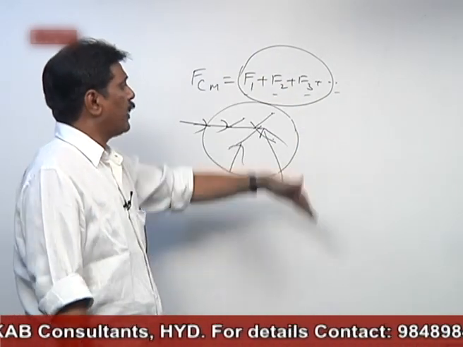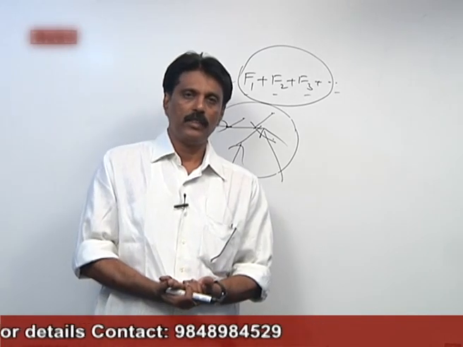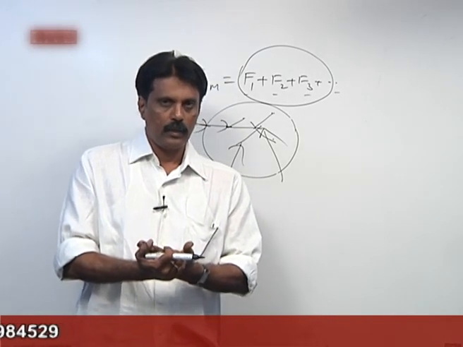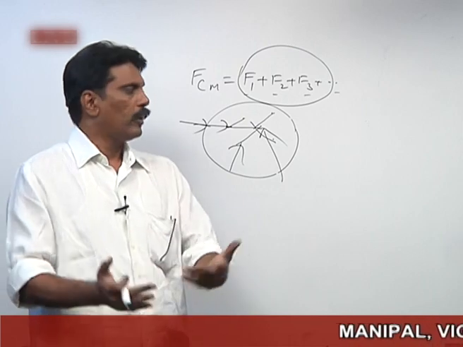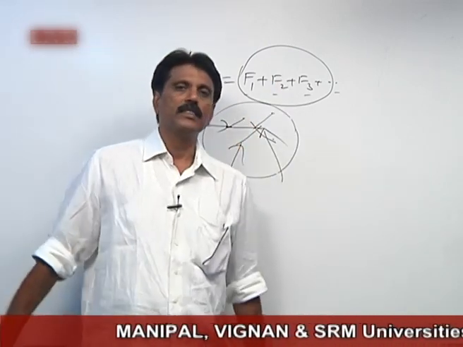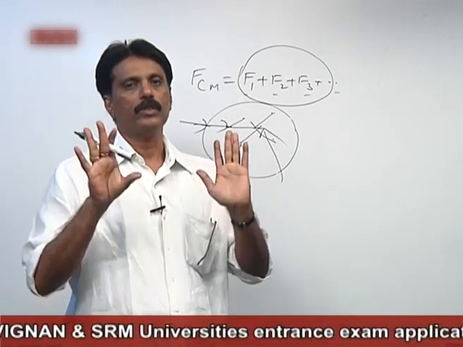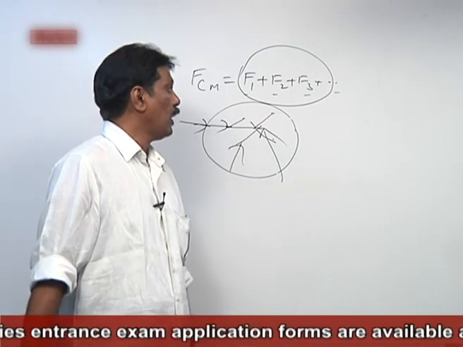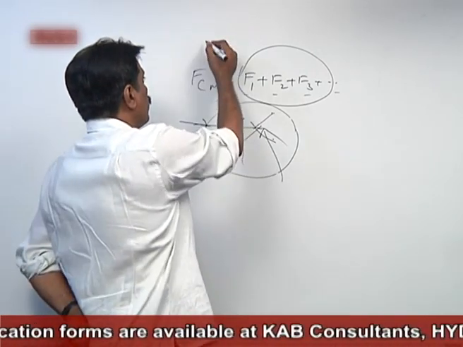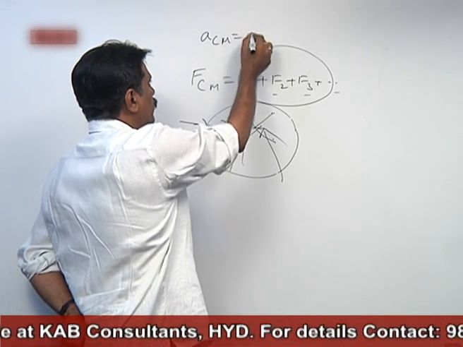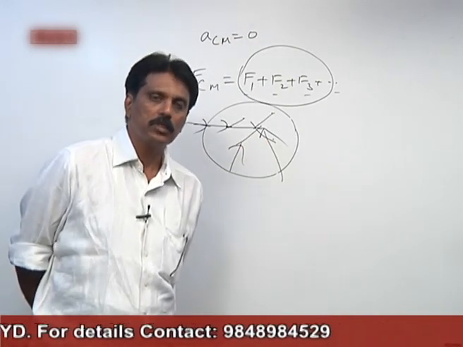So, from this we can tell, on a system of particles, if there are no external forces, then the center of mass will not experience any force. That is the main point. And when the center of mass does not experience any force, the acceleration of the center of mass is 0.